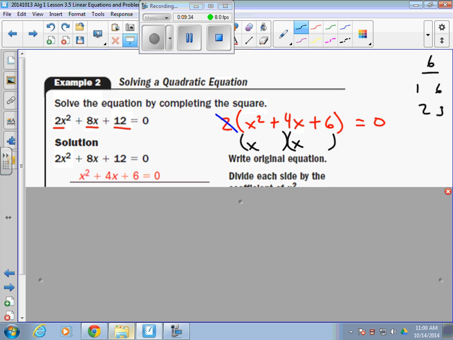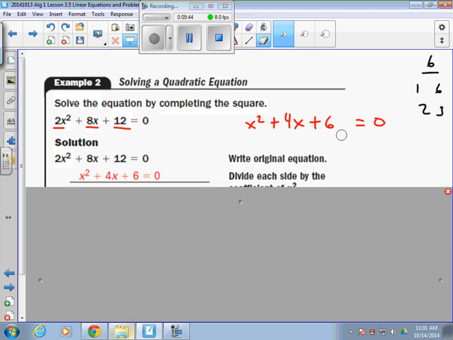So you have to do what's called completing the square. You take that equation, x squared plus 4x plus 6, since we got rid of the times 2 version, equals 0, and you complete the square. We're going to find a new value for c. But in order to find a new value for C, we have to move the old value for C over to the other side.